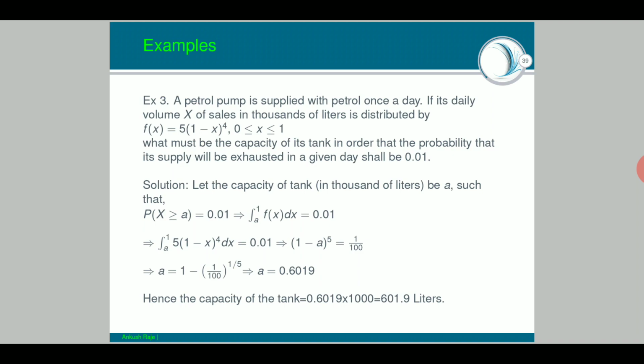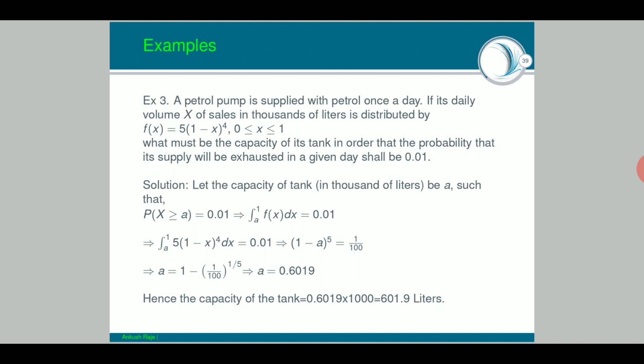Solution: let the capacity of the tank in thousands of liters be a, such that the probability of x, which is the random variable, being greater than or equal to a is equal to 0.01. Why greater than or equal to a? Because of the last line of the question: what must be the capacity of its tank in order that the probability that its supply will get exhausted, that means it should get emptied entirely.